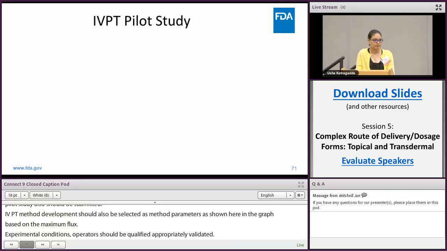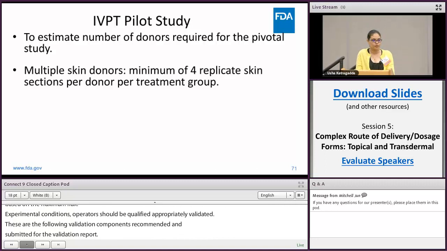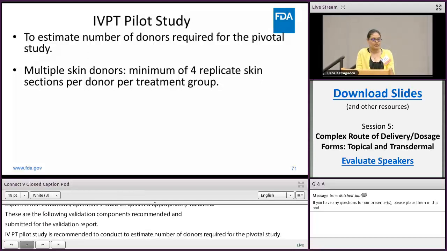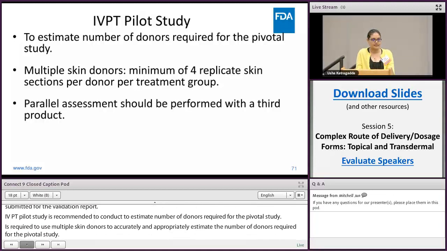An IVPT pilot study is recommended to estimate the number of donors required for the pivotal study. It is recommended to use multiple skin donors to accurately and appropriately estimate the number of donors required for the pivotal study. If you don't use multiple skin donors in the pilot study, it may not give a correct estimate for the pivotal study.